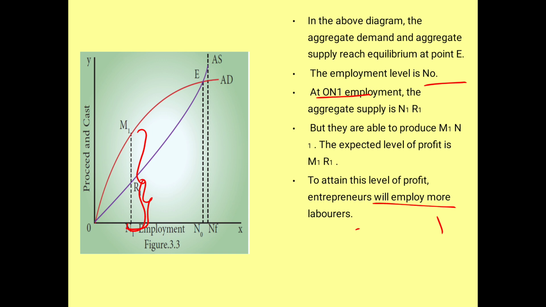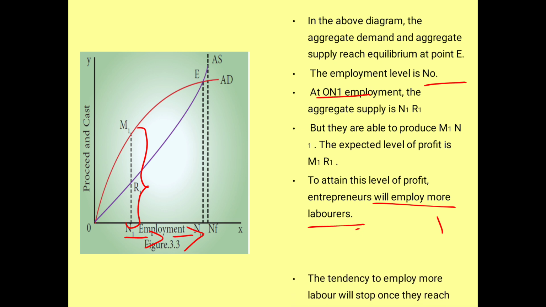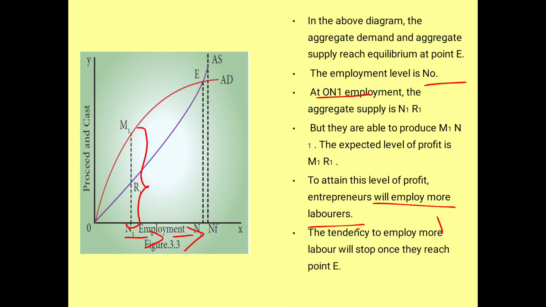Entrepreneurs will employ more laborers because we are able to achieve M1N1 level. So from N1 they keep on employing laborers. When laborers are employed, there will be more employment and we will reach a level of equilibrium, that is, from this level we reach towards the equilibrium point.